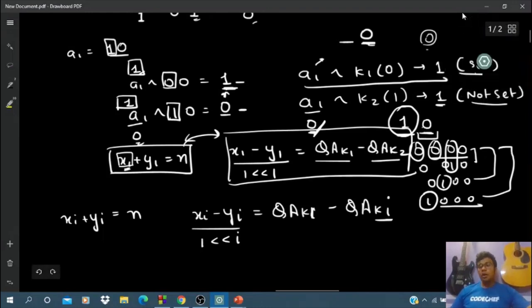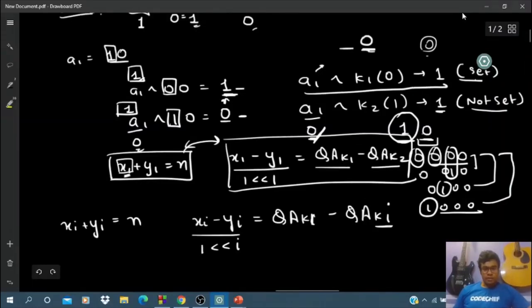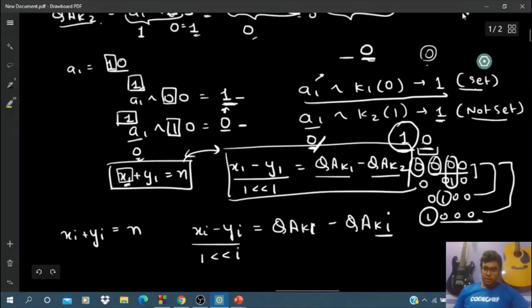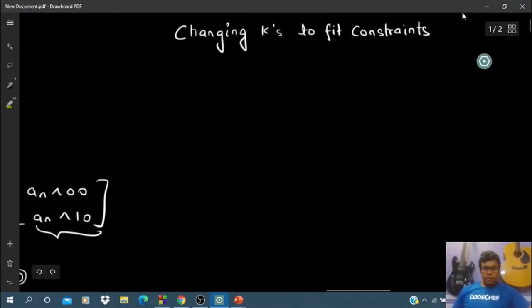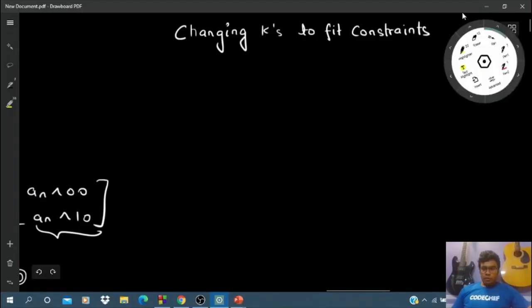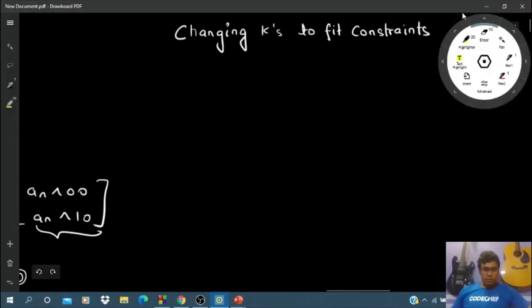So let's talk about how to use this observation. We found this observation to be quite useful. So let's talk about how this observation can be transformed into the given constraints, because in the first place it's not allowed to give k equal to 0, which we are already giving. So what we want to talk about is how to change the k's to fit the constraints using the observation that we made.